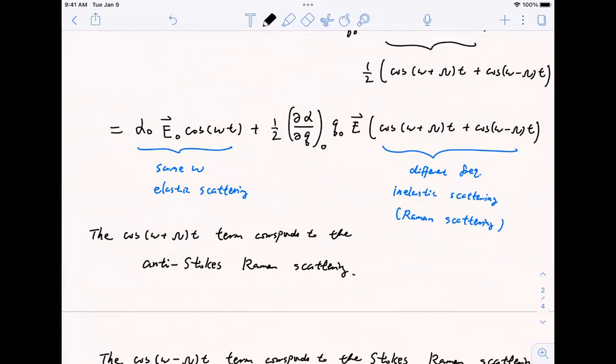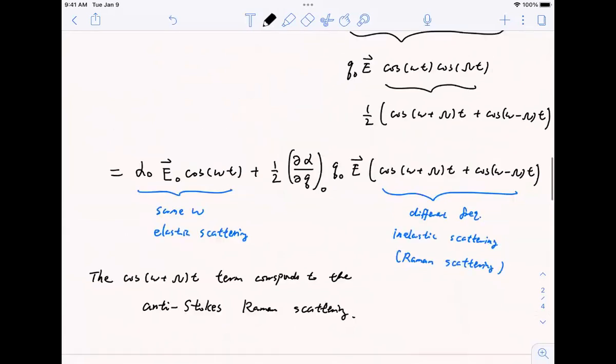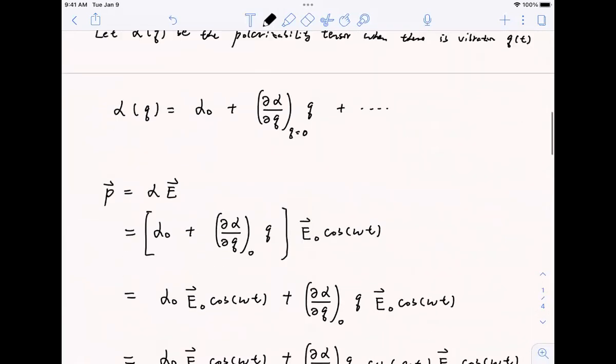So you can see that you can explain all this by using a simple Taylor expansion. If you want to go to higher order, you simply do it for one more.